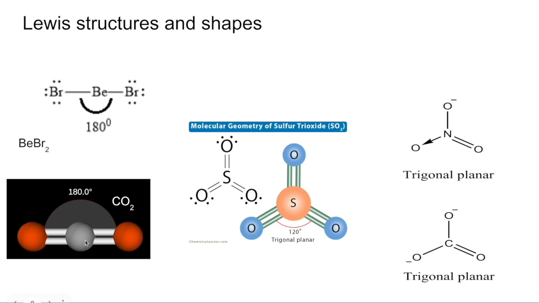Carbon dioxide also has the same shape. SO3, NO3 minus and CO3 2 minus are all trigonal planar with a bond angle of 120. Remember, double bonds are counted as one electron domain.